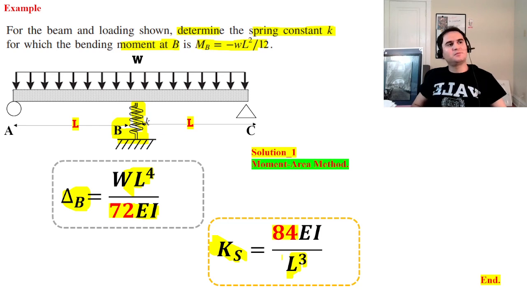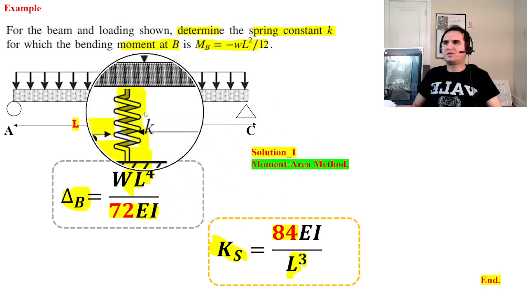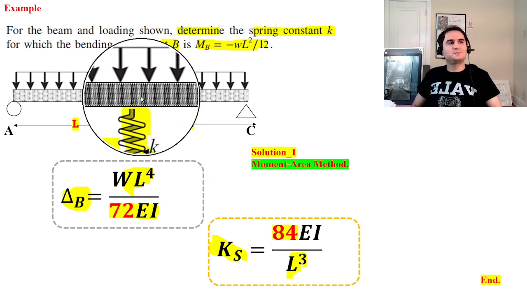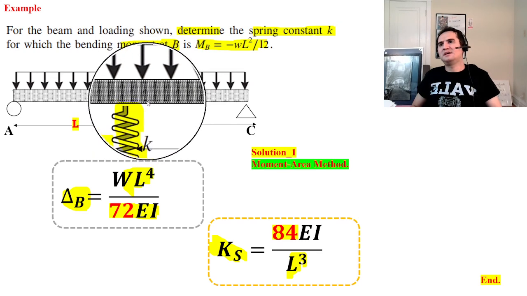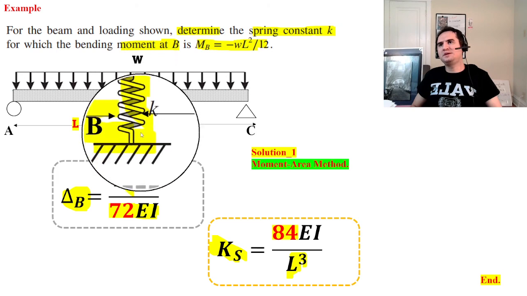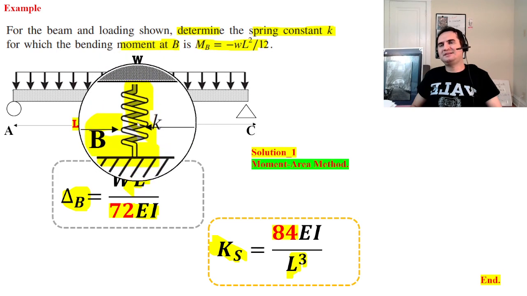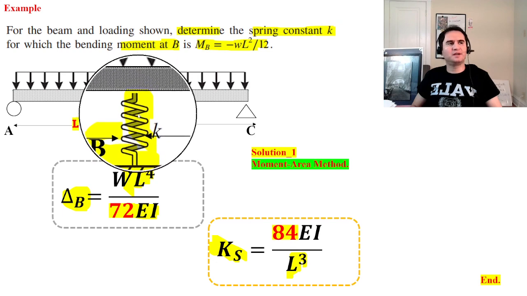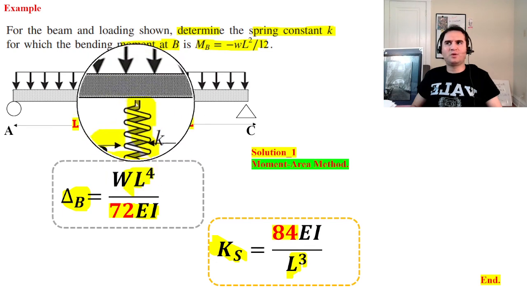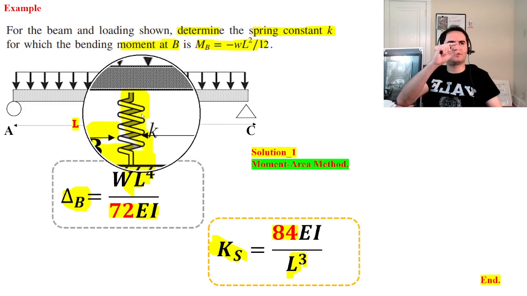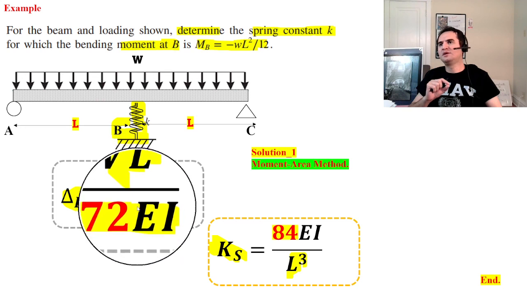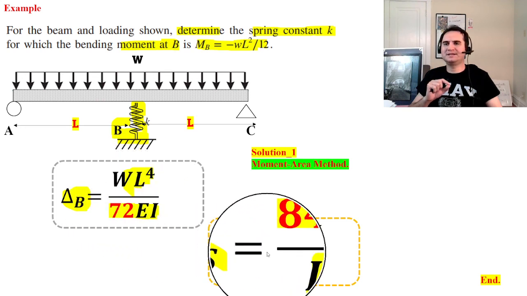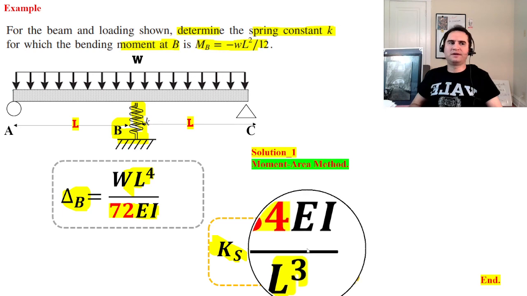In the next video, I'm going to solve this problem in a far simpler method, which is called consistency of displacement, which just says the amount of deformation for the beam is exactly the deformation for the spring, because they are connected to each other and there is no other way to move at the same amount of displacement. And that's again delta B equal to WL to the 4 over 72EI, and Ks is 84EI over L cubed. Thank you.